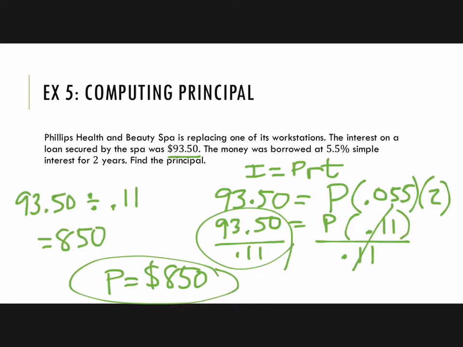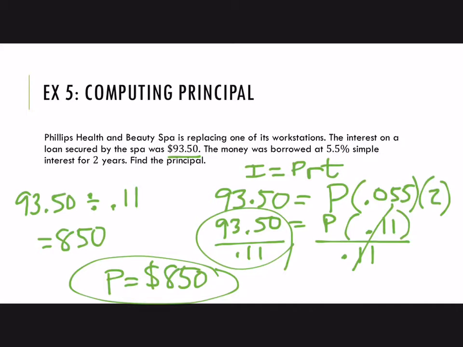Alright, so we need something that's larger than $93.50, and then just see if it seems reasonable. If the principal was, let's say, $100,000, 5.5% is a good chunk of that money, right? Times 2 for the 2 years. So you wouldn't expect to have such a small interest fee like $93.50 if you borrowed a really large amount of money.